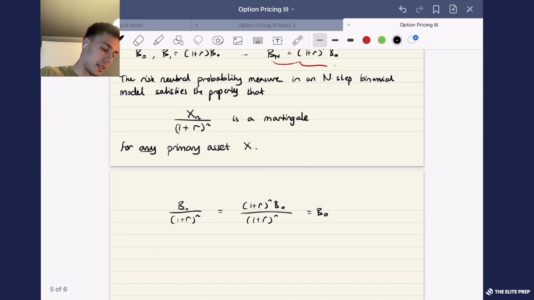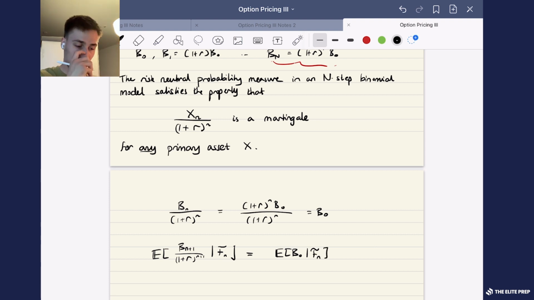So that means that the expected value of B_{n+1} over (1+R)^{n+1}, conditioned on F_n, is equal to the expected value of B_0 conditioned on F_n. And B_0 is a constant, so it's measurable with respect to F_n.